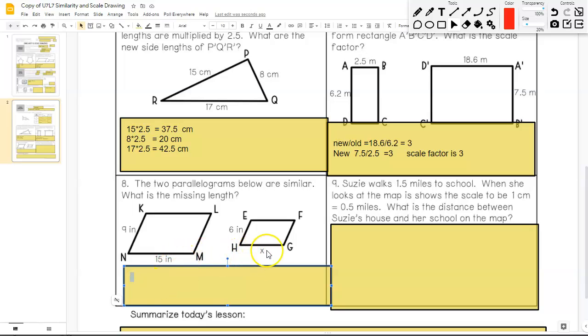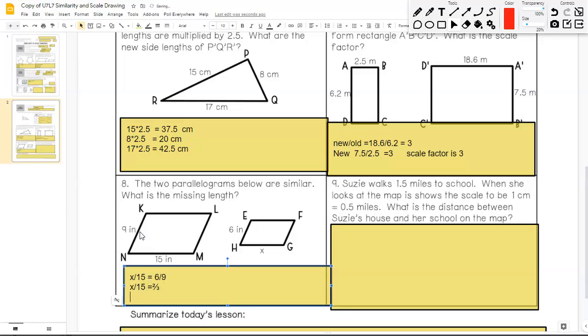All right? So I'm going to take short side new over short side old. Sorry, that's the long side. The long side new over the long side old. So x divided by 15 is the same as short side new divided by short side old. But this over here I can simplify. So I've got x divided by 15 equals 2/3. How do I get rid of a divide by 15?